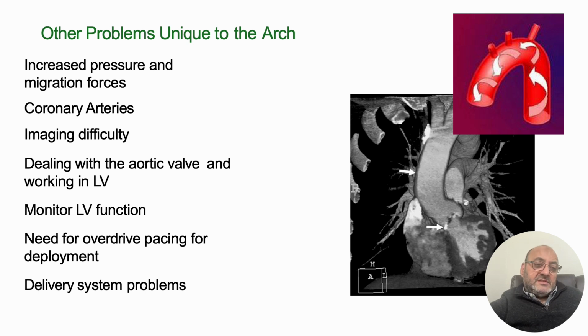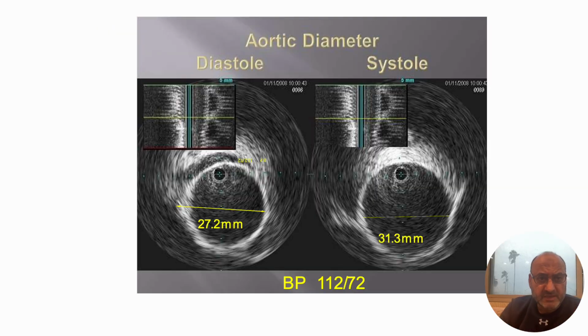Also the delivery system, the sheath size, and how you deliver the graft into the ascending aorta. Again, this is an example where you have a discrepancy between the aortic diameter during systole and diastole.